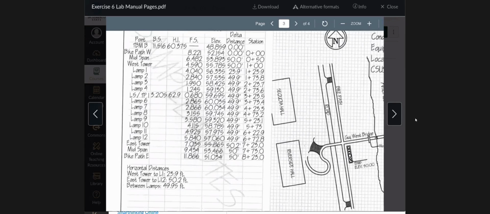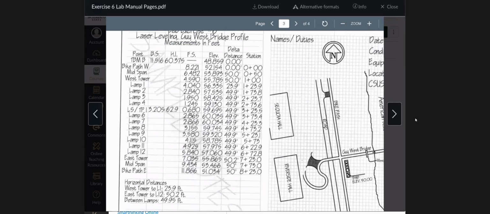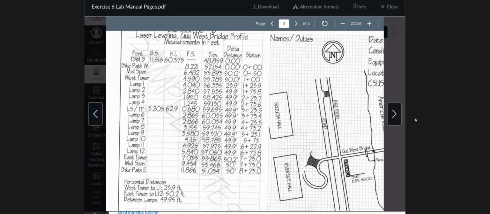That's there for your information because you're already showing in the delta distance column the correct distances based on the data that's down in the bottom left corner. So you'd just be repeating something that you're already showing in the data chart.